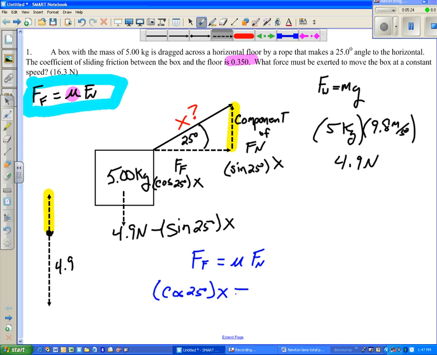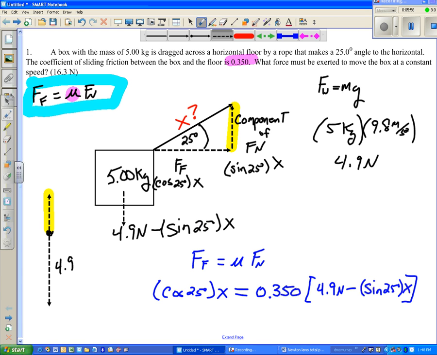And that equals mu. We're given mu. That's 0.350. Times whatever the normal is. Now the normal is this somewhat complex thing because the normal is the weight, which is 4.9 newtons, minus whatever this component of Fn is, which is the sine of 25 times x.